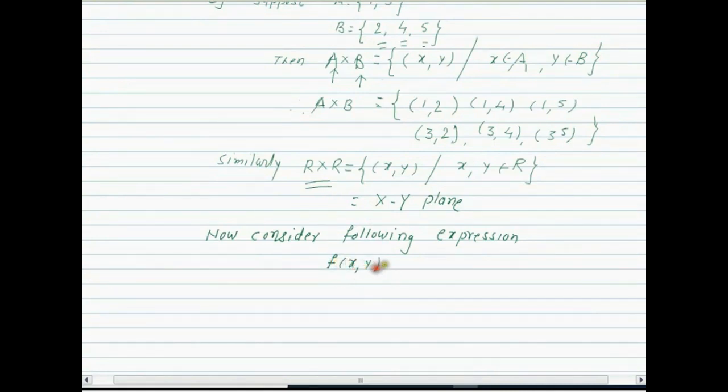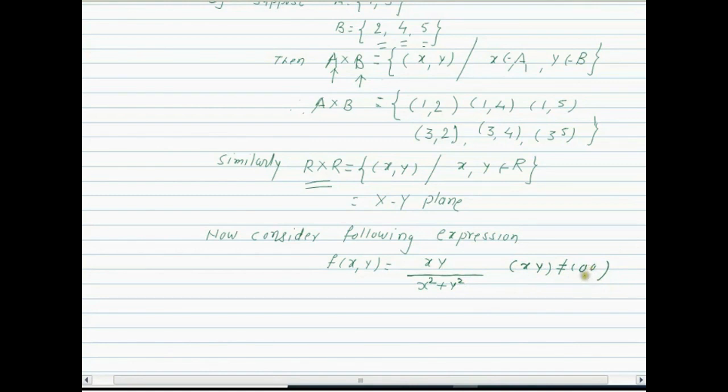f(x, y) is equal to, this is a function of two variables. We are not given a definition; it is an expression for a function of two variables. f(x, y) equals x into y upon x square plus y square, whenever (x, y) is not equal to this one point.